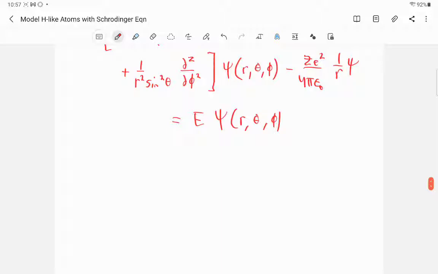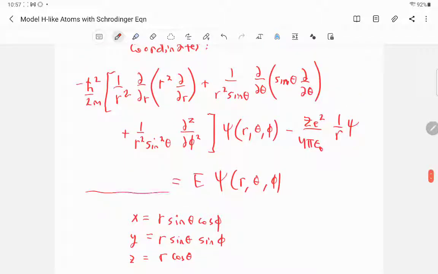But let me just remind you that the rectangular coordinate x is r times the sine of theta times the cosine of phi. The coordinate y is r times the sine of theta times the sine of phi. And then z is just r times the cosine of theta, independent of phi, right? So this is the connection between the coordinates.